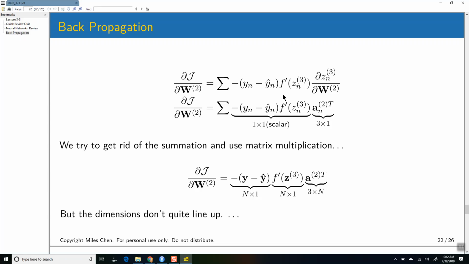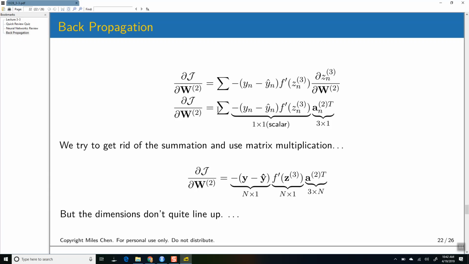And so this is where we left off, and this part is all just a 1 by 1 scalar value, right? So y n, the actual value, for one data point, is one value, the fitted value is one value, and then the activation value of Zn, that's also one value, okay? But over here, we have a 3 by 1 matrix, okay?